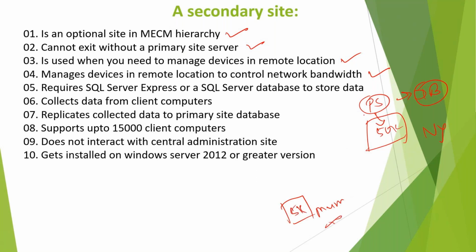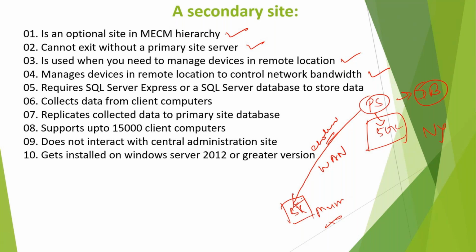Mumbai is on a WAN network, wide area network, not on a LAN network. So if primary starts managing these 5,000 devices in Mumbai, what will happen? This WAN network will be choked up, right? You will not be able to manage the devices properly.